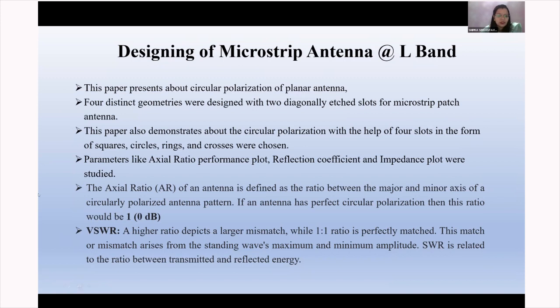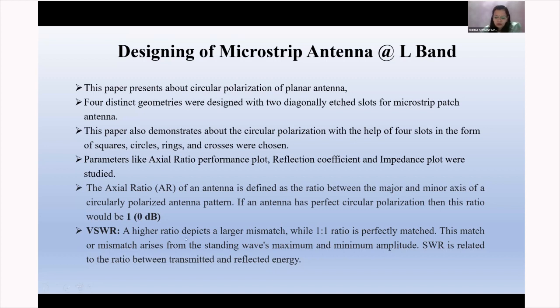For circular polarization, axial ratio is a very important parameter. It is the ratio of the major axis and the minor axis, which should be 1, or in dB, it should be 0 dB. In my paper, I have calculated it is approximately 4 dB. So somehow it is showing the circular polarization.